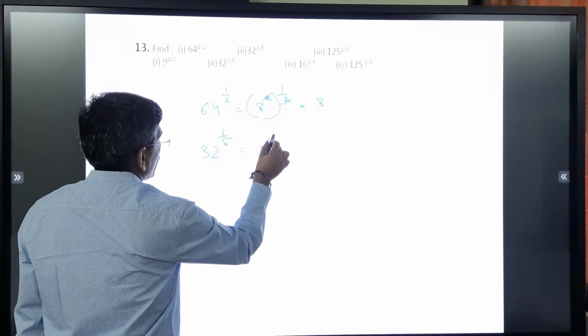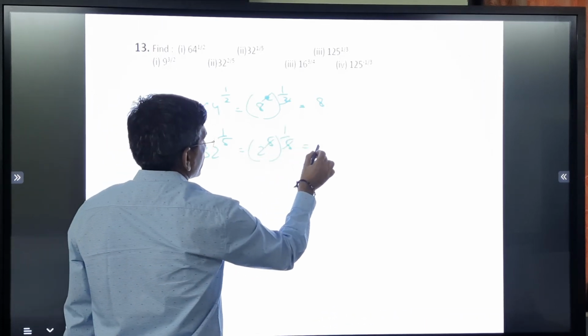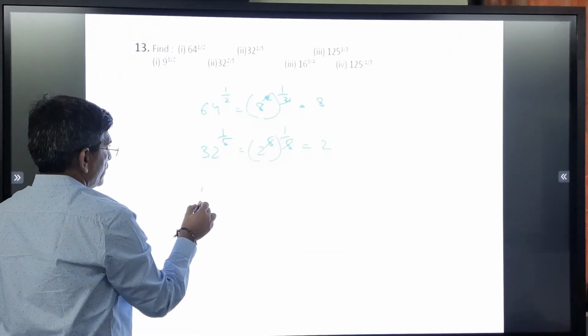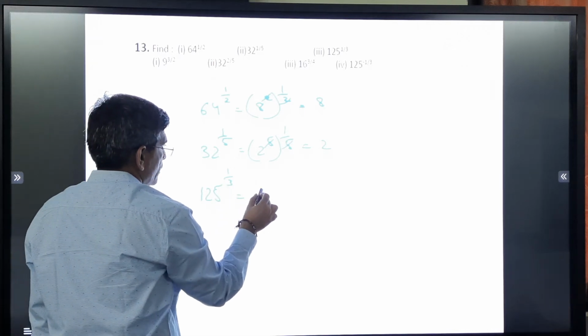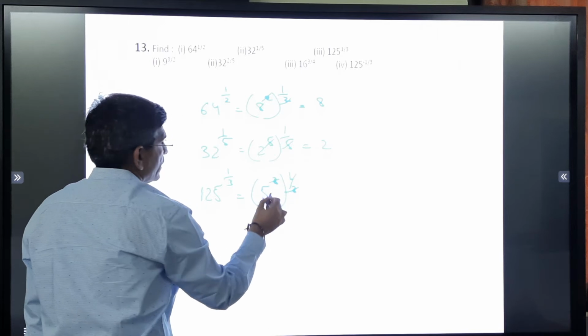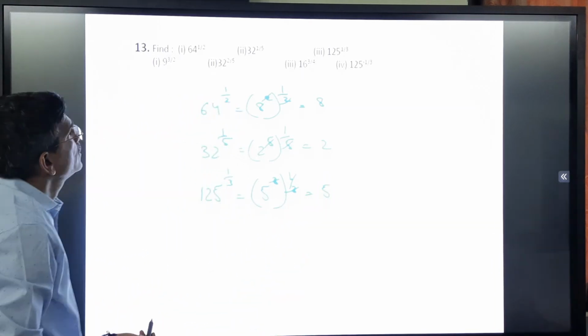So 2 to the power 5, 1 upon 5, 5 cut. But answer is 2. 125 to the power 1 by 3. So 5 to the power 3, power of power multiplication. So these 3 cut. So answer is 5 to the power 1, that is 5.